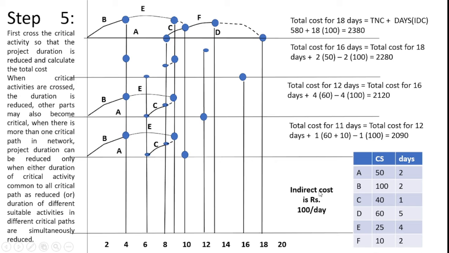In our initial step I identified that the project can be completed within 18 days, so I add the total normal cost I identified from the table, 580, plus 18 times 100.